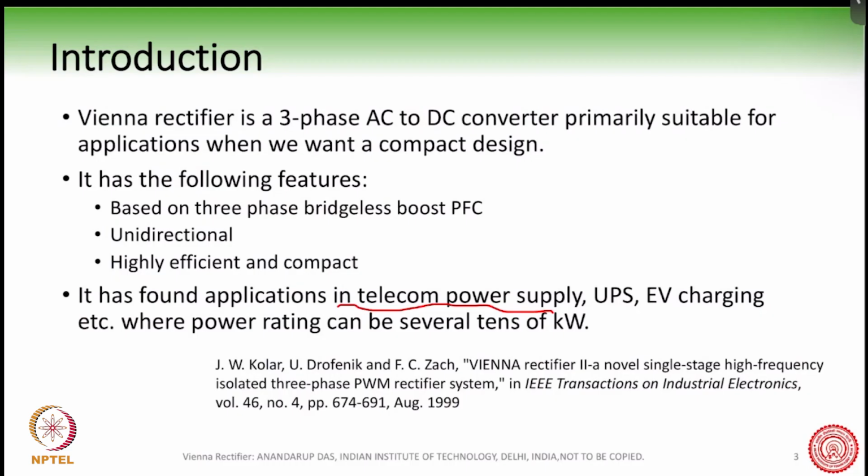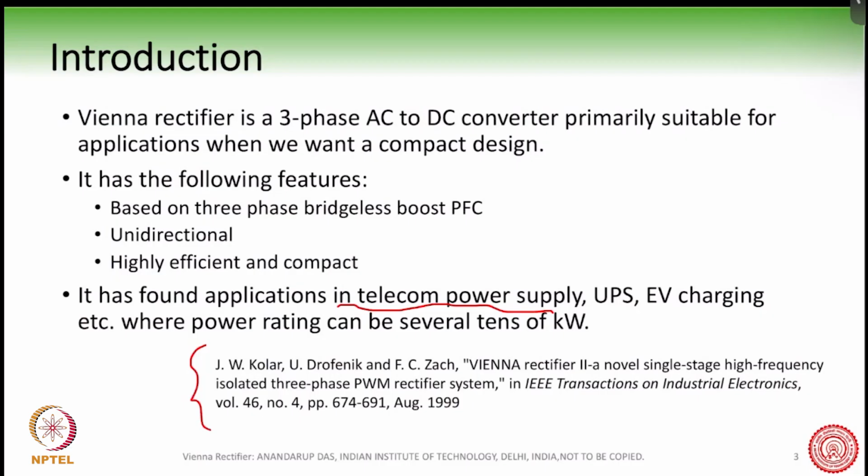And the Vienna rectifier has been developed by a research team led by Professor Kolar at ETH Zurich, and they have published a lot of papers on this converter, and you can refer to some of these papers.